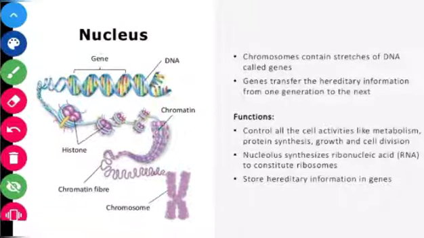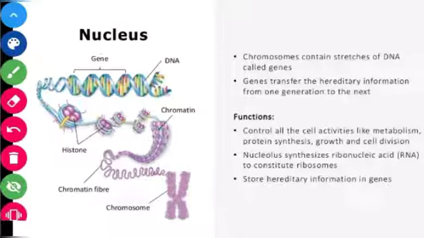Next, the nucleolus synthesizes RNA, ribonucleic acid. One thing you should keep in mind: the nucleus synthesizes the DNA and histones, but RNA is synthesized by the nucleolus, not the nucleus.